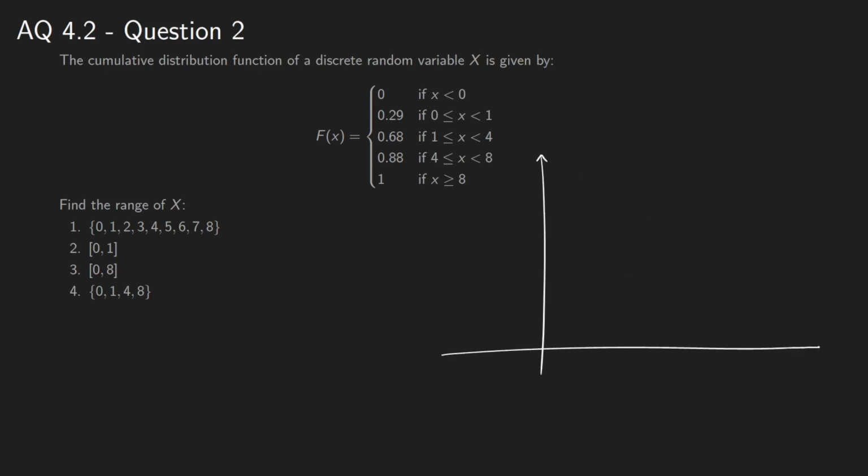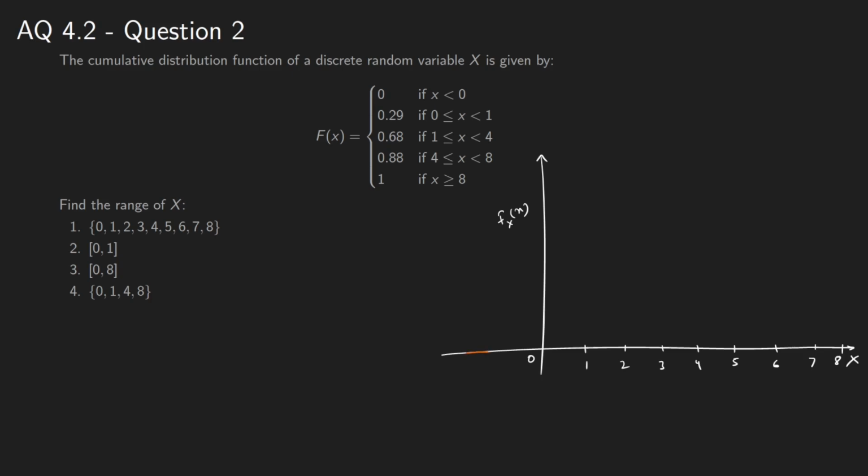On the x-axis we are plotting all the values, and here is our CDF that's already given. We can mark all the points 1, 2, 3, 4, 5, 6, 7 and 8.